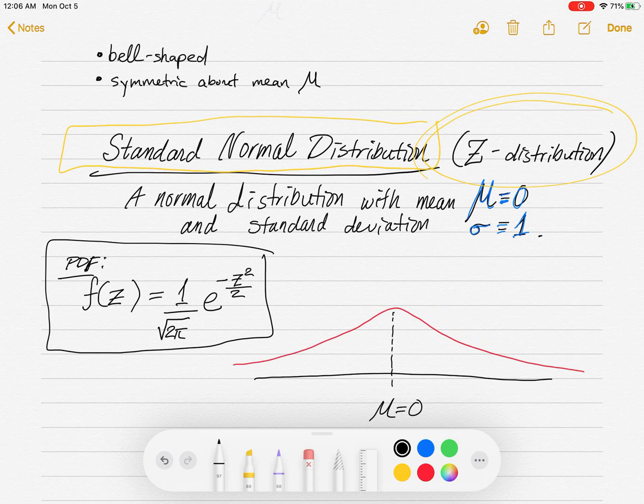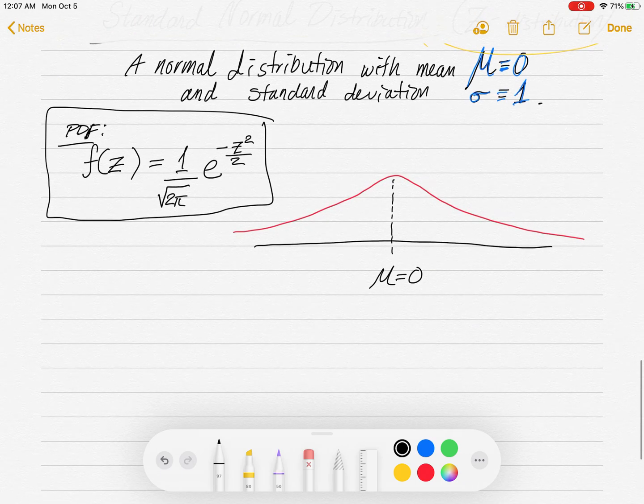Now here's the PDF, if anyone's curious about the probability density function. This is the way we write it. Rather than using x, we just use z to specially designate the standard normal distribution, and it looks like a normal distribution that's centered about the mean, but this time the mean is 0. So we're actually centered at 0. So you got z-scores along this horizontal axis.